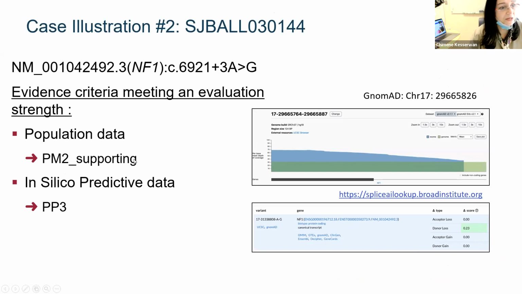Population data, it is absent or very rare, I can't remember, but it has satisfied PM2 supporting.